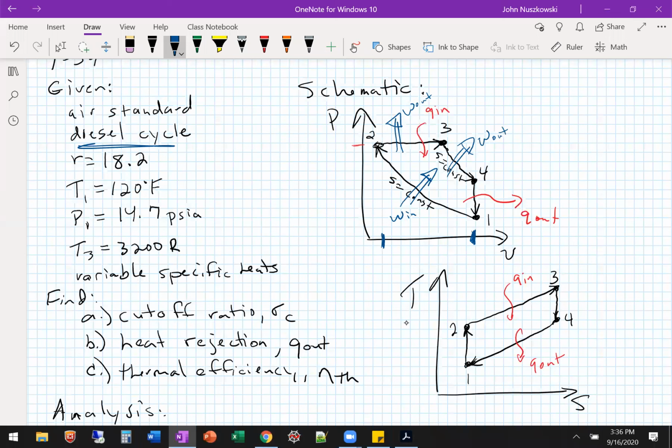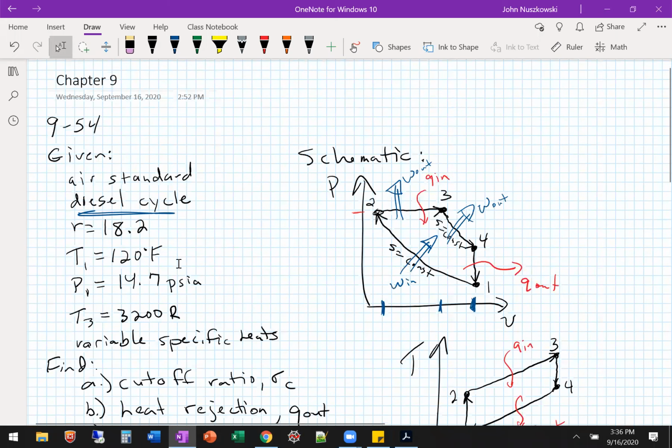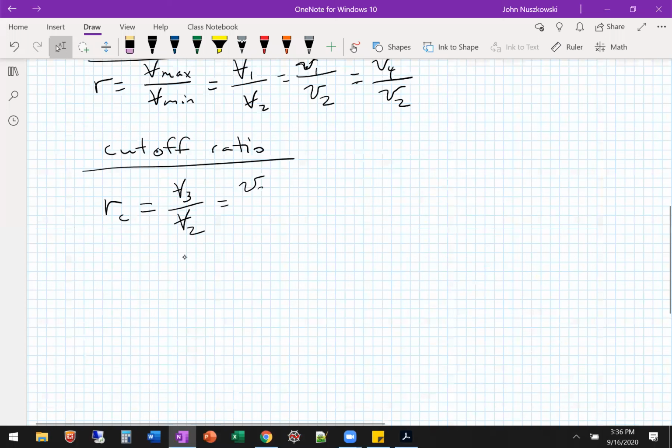Well, we have state 3, that's right here, right? So it's not at the smallest volume or the largest, somewhere in between. And that's what the cutoff ratio defines: volume 3 divided by volume 2. So it's relating this 3 to 2 here. And again, we can use specific volumes, okay? All right, so now we have the definition for the cutoff ratio, and this is what we need to solve.